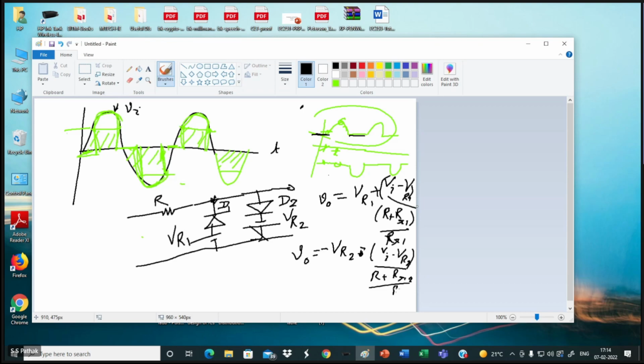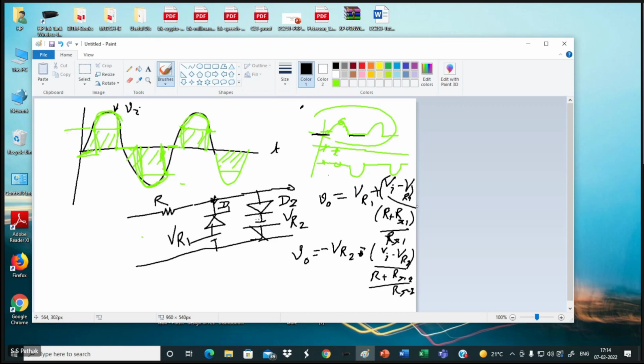Now, what is the reference voltage here? When this shape is not conducting, when both the diodes are not reverse biased. One of them is forward bias, and both of them can also be forward bias.